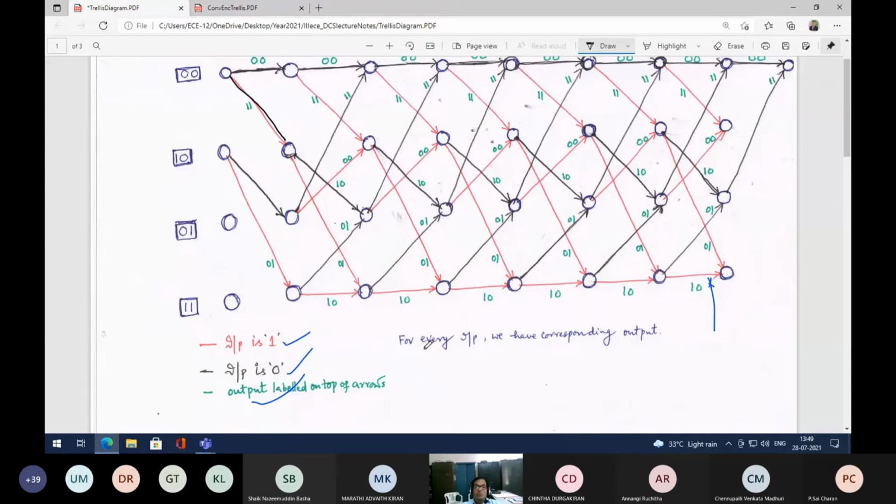Let us say my input UK is 1 0 1 1 1 followed by 3 zeros. So let us say this is my code, and the last bits are actually zero stuffing. That is, I'm clearing out and getting the system into the initial state. These are my bits.